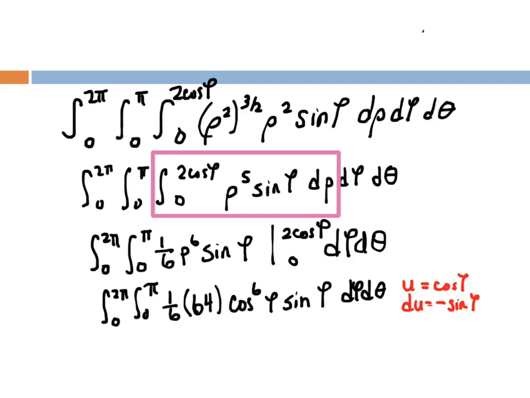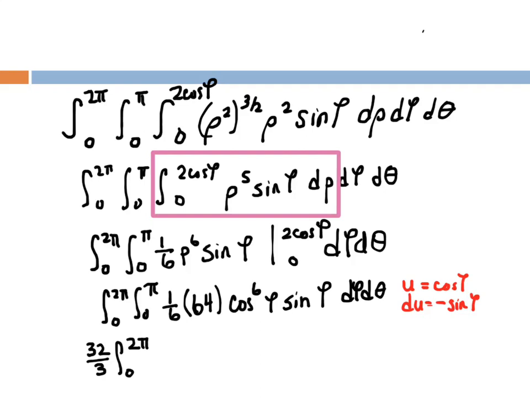All right, so it's, of course, the 64 and the 6 can both reduce and be pulled out to the front. So if I reduce it, it reduces to 32 over 3, and I'll pull it out to the front, 32 over 3. So my integral from 0 to 2 pi, let's do the u substitution right now, and we won't have to write the 0 to pi.